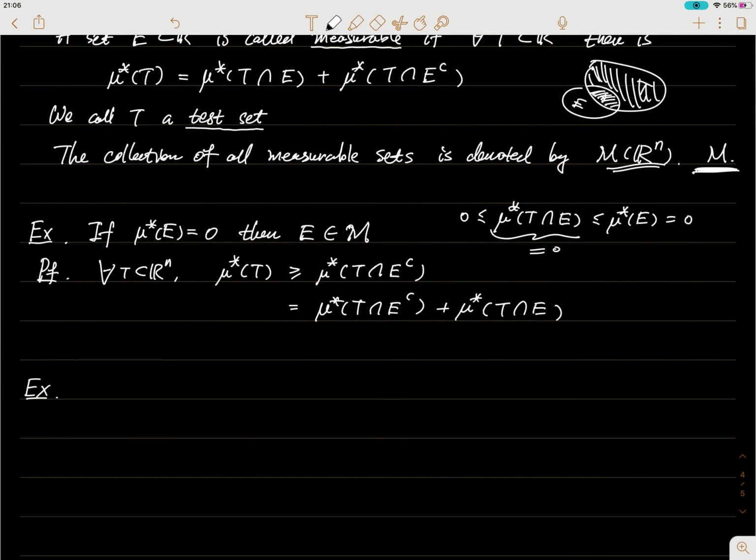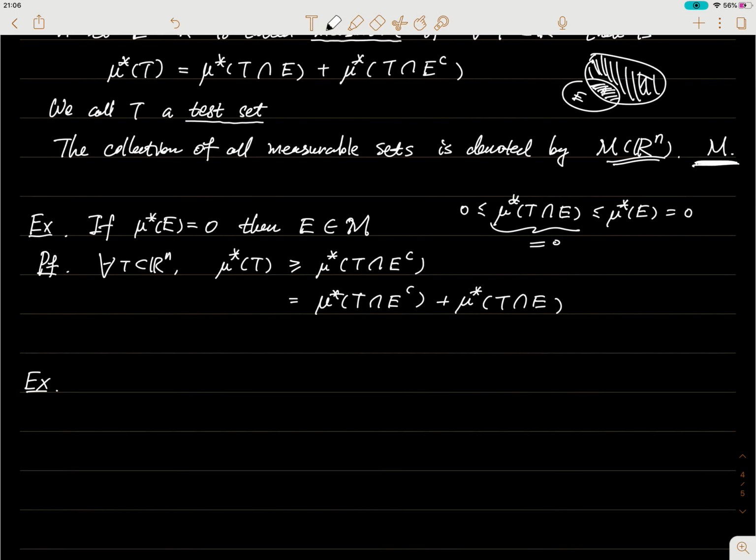It has measure 0. Let's consider more general cases. A property of the outer measure is, suppose we have two sets, E1 and E2, just two random sets, not necessarily measurable.